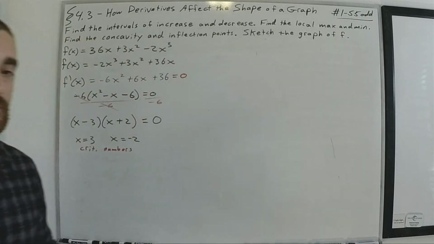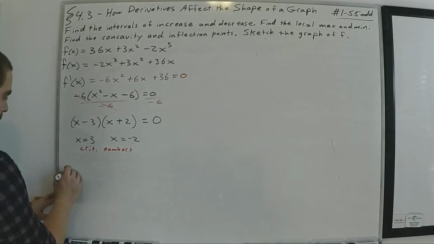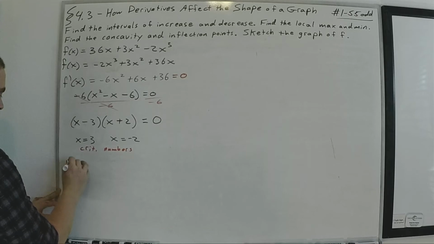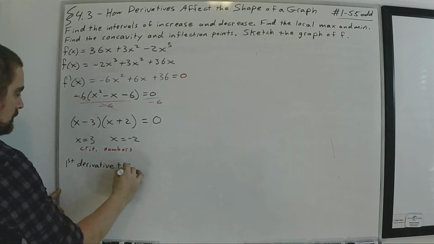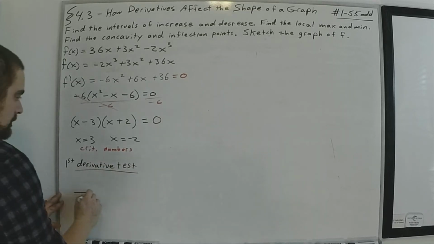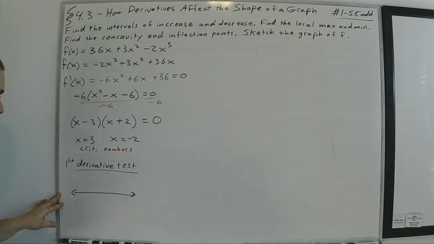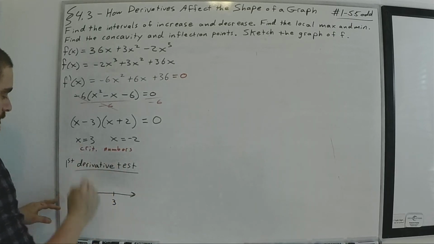I need those critical numbers so that I can then run through my first derivative test. Here's my first derivative test. I am going to take my number line. I'm going to take my critical numbers, one is negative 2, one is positive 3.